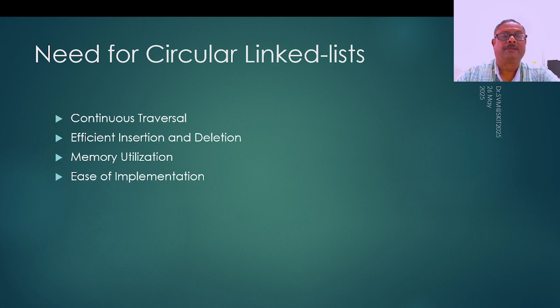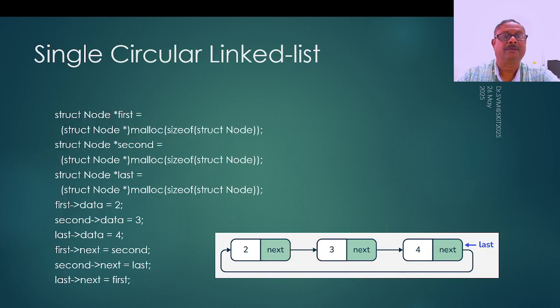It is easy to implement and useful when we are working with elements which need to be looped, so that they are traversed in a sequence again and again, and very much useful when we are going for scheduling like round robin and all that. So we have many applications of circular linked list.